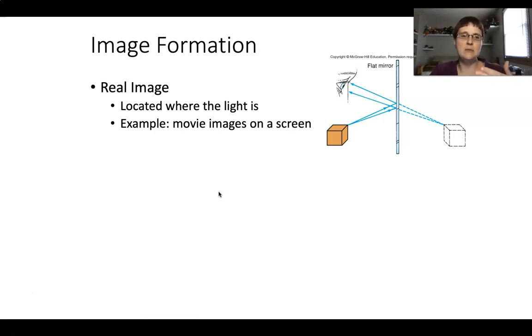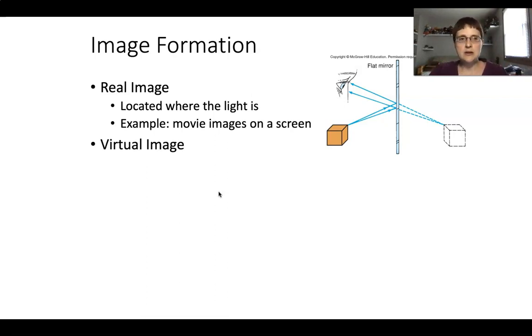That is the real image. Or, if you're watching an instructor project things onto a screen from a projector, the light is there. You can put your hand between the light and where it's being projected. That is a real image.